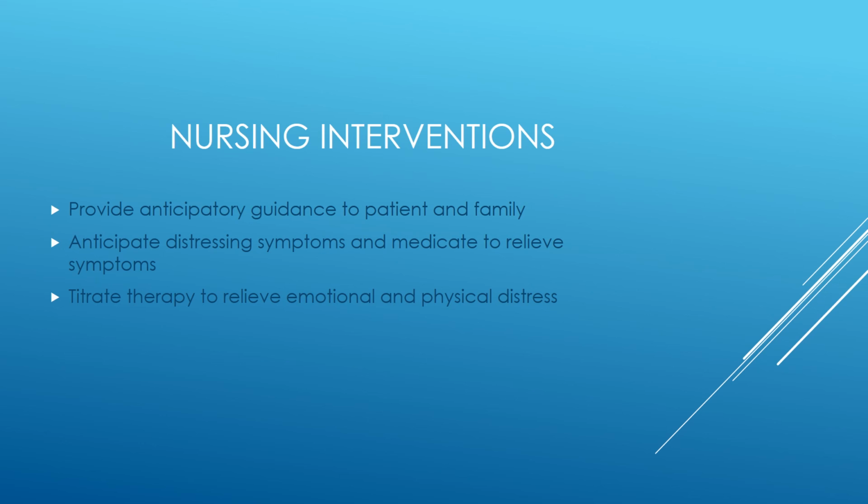That way there's no surprises, and they're aware of things as they're happening. They're going to ease into that transition much better than if you don't tell them anything and their family member is gasping for air and they're scared because their family member is scared or seems uncomfortable. You want to give them step by step of how this is going to happen, what we're going to do, what medications we're going to give to make this process a smooth transition.